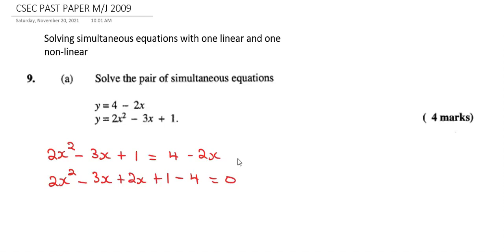Alright, so the next step after that guys is to simplify the equation. We have a few like terms there, so let's go ahead and do that. So we have 2x squared minus x minus 3, and that there is equal to 0.